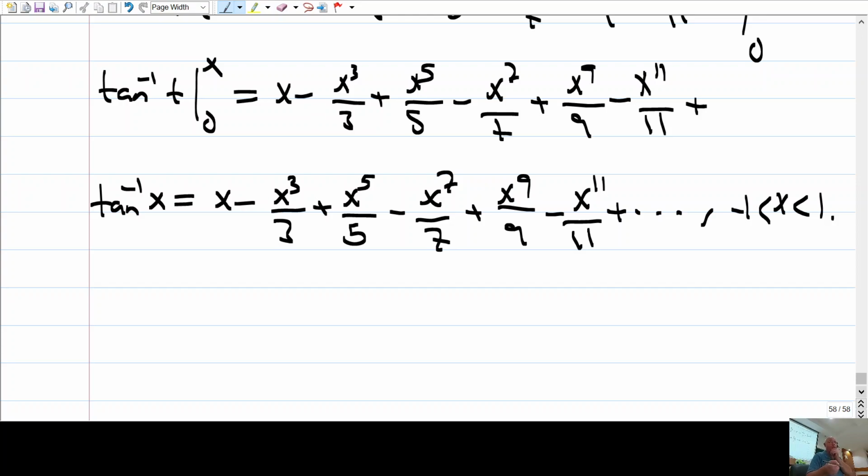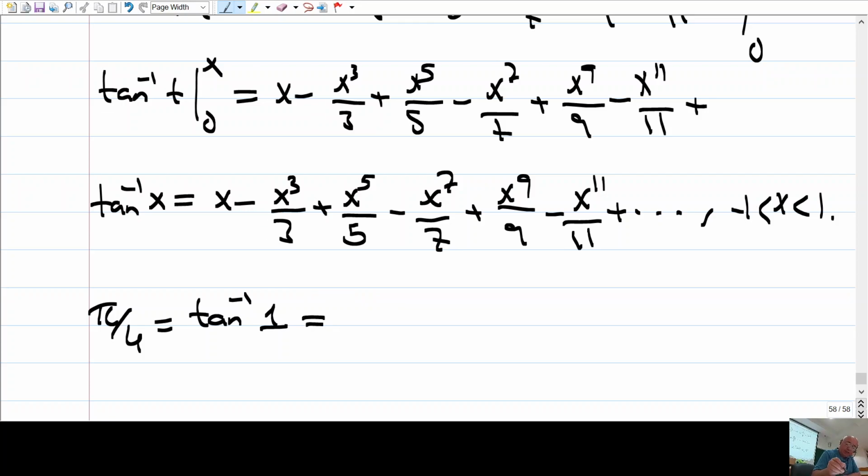Well, we can use this to compute, for example, tangent inverse of 1. What is it? Pi over 4, right? Pi over 4 is tangent inverse of 1. Well, can we put 1 here? If it is convergent, yes, using again Abel's theorem.